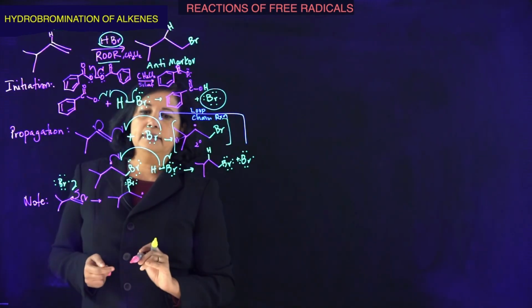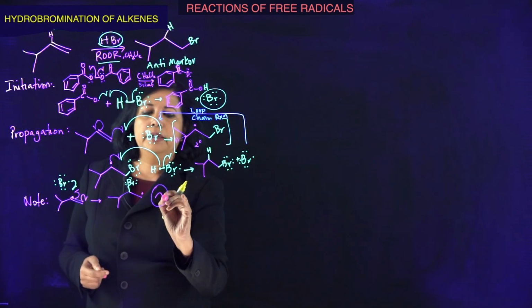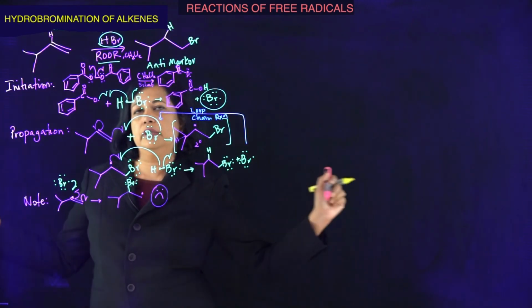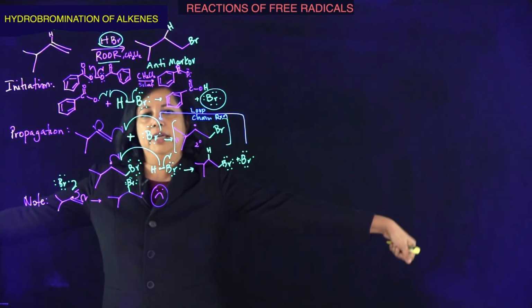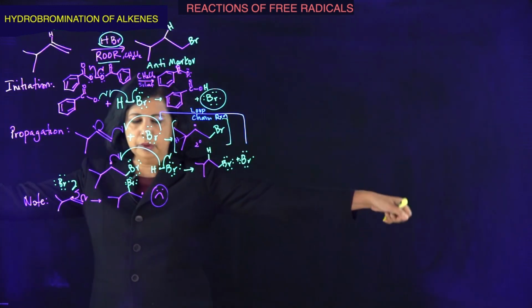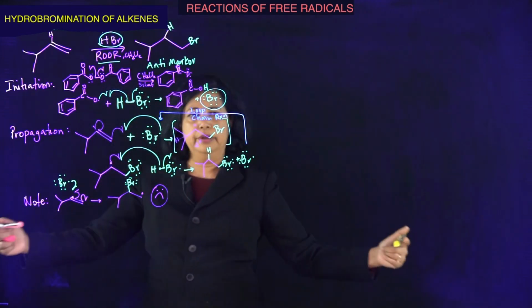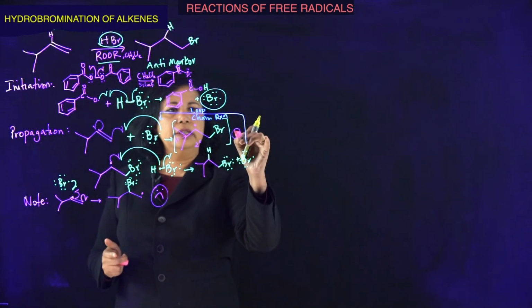Therefore, this radical is very unhappy. It's like it has only one hand here to support it, whereas this radical has two hands to support it. More friends, more hyperconjugation, more inductive effect, it's happier. Okay, so that's the reason for the selectivity.